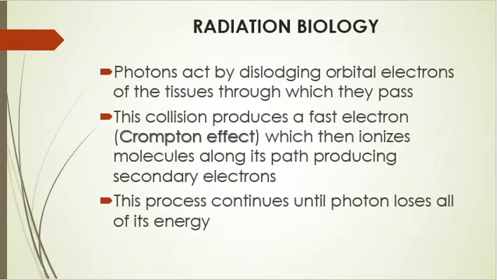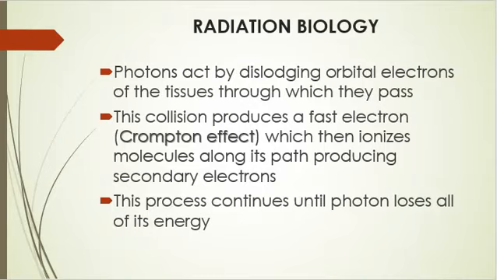Photons, as we discussed earlier, act by dislodging orbital electrons of the tissues through which they pass. This collision produces a fast electron, known as the Compton effect, which then ionizes the molecules along its path, producing secondary electrons.